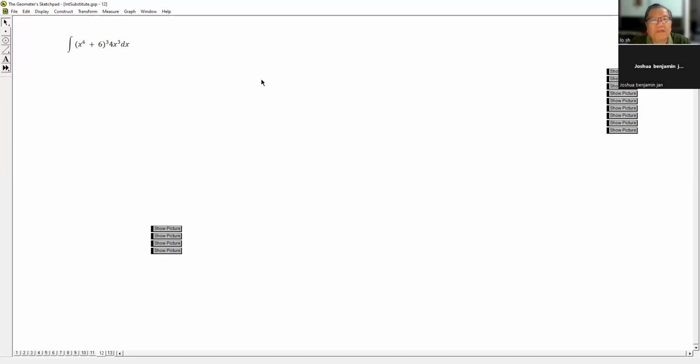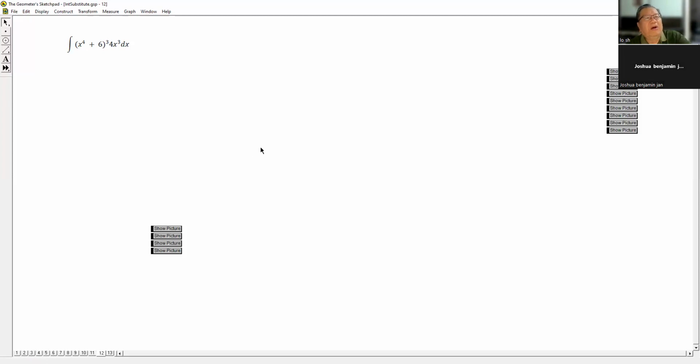So what type of substitution should we use? In general, whatever is inside the bracket there, you call it u, so that this whole thing can become u cubed, u to the power 3. Once it becomes u to the power 3, then it's very easy. It becomes u to the power 4 divided by 4. That's how we integrate. So we try to change this to u.